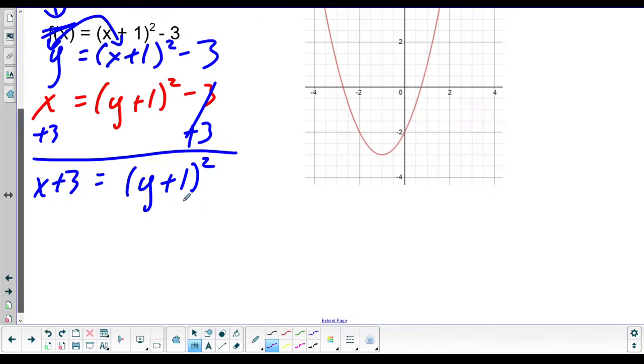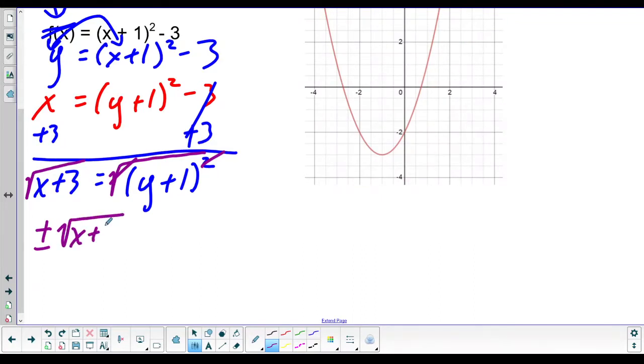Now before we can move the plus 1, we have to free it from the parentheses by getting rid of the operation outside. So to get rid of the squared, we're going to take a square root of both sides. So the square root cancels the squared, and because we're the ones doing the square root, you have to put a plus or minus in front of it. So plus or minus radical x plus 3 equals y plus 1. And then we just subtract 1 on both sides.